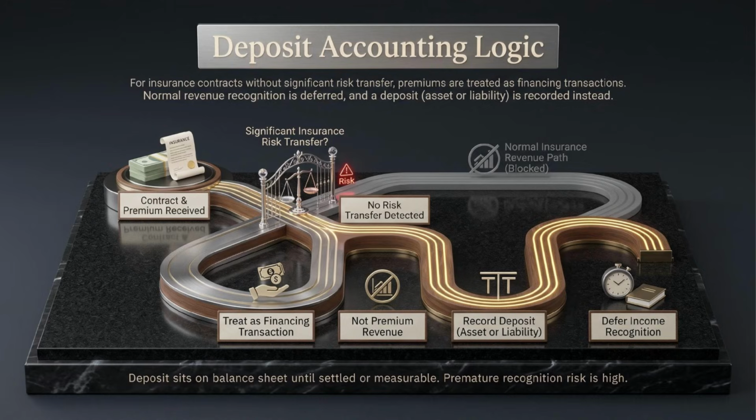Instead, the cash exchange is treated more like a financing arrangement. One side records a deposit asset and the other side records a deposit liability. Income recognition is deferred until the ultimate premium or income effect is reasonably estimable. This prevents an entity from calling financing-type cash inflow revenue before the economics support that treatment.